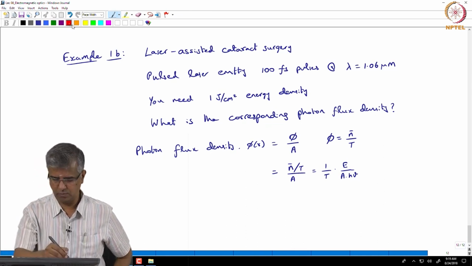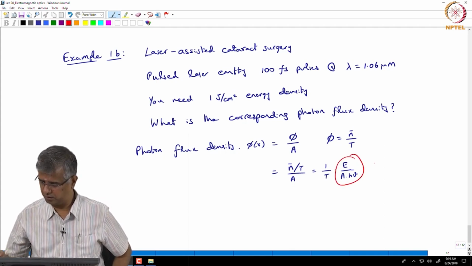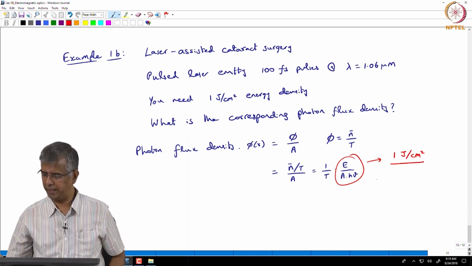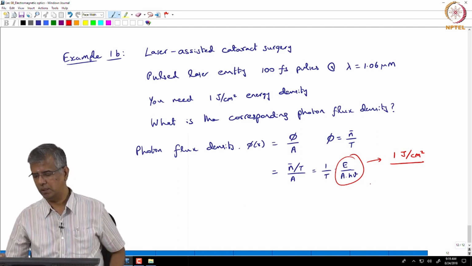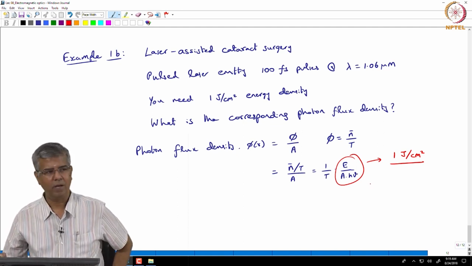So let's just first of all figure out this quantity. So this is given by U over A, which is 1 joule per centimeter square, divided by h nu. h nu for a lambda of 1.06 micron, what do you think it would be?